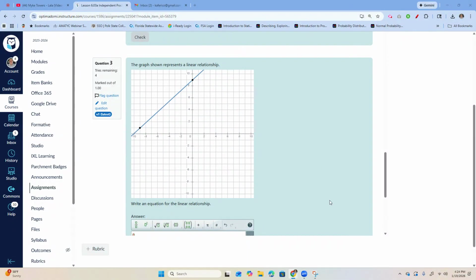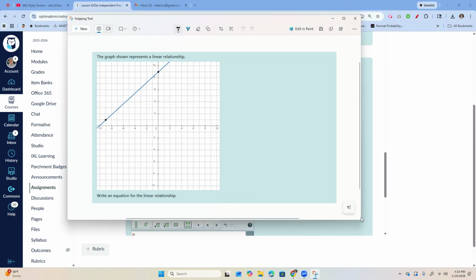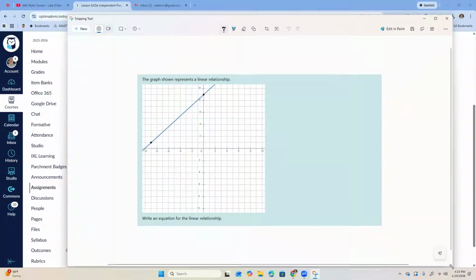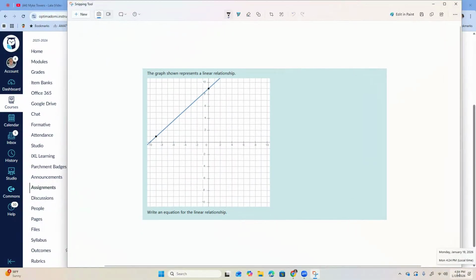All right, here's question number 3. Same idea. All of the problems in this lesson are done the same way. They're going to give you a graph, and you're going to find the equation of the line by using the formula y = mx + b. I hope you notice in the first two problems, I'm looking for the value of b and the value of m.